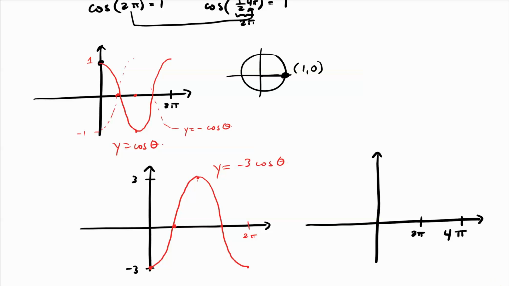Now this is going to be 2 pi. The amplitude doesn't change though, so it's still 3. And then now it's going to be 3 at 2 pi, 0 at pi, 0 at 3 pi, and -3 at 4 pi, and 0. So like that.